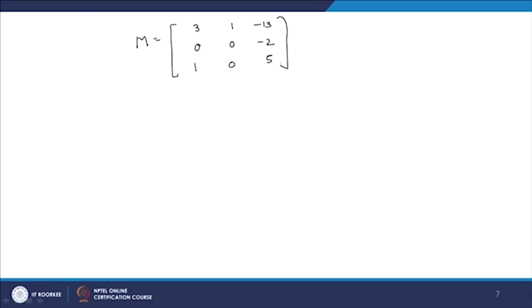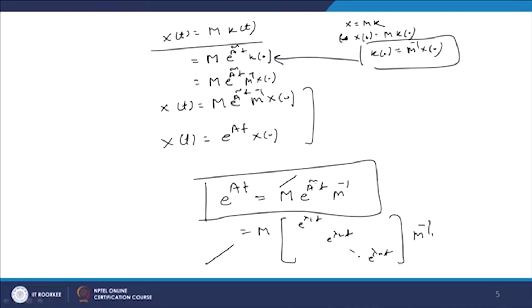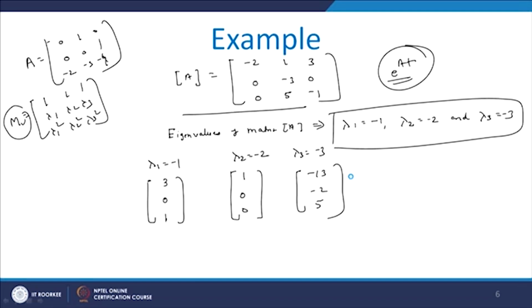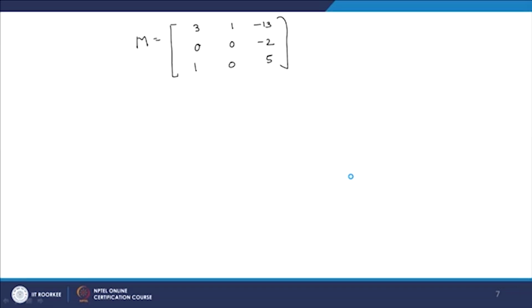So, we have got M, but now if you see the formula, M e raised to A bar t into M inverse. M we have calculated, as I told, by eigenvectors and eigenvalues. Now, to get the M inverse, this is also quite troublesome work, and as the order increases, it is quite difficult. Even for third order, it will take at least 10 minutes.